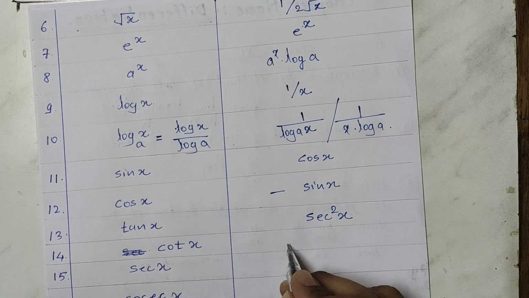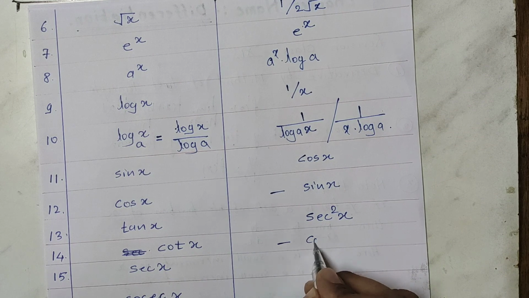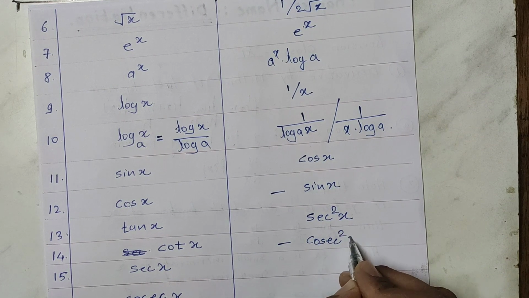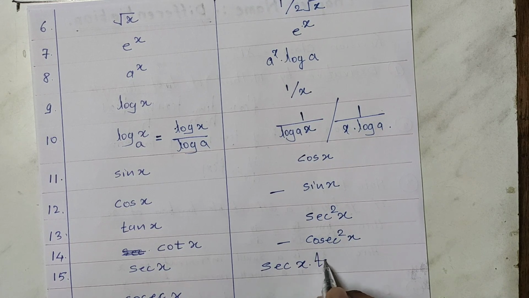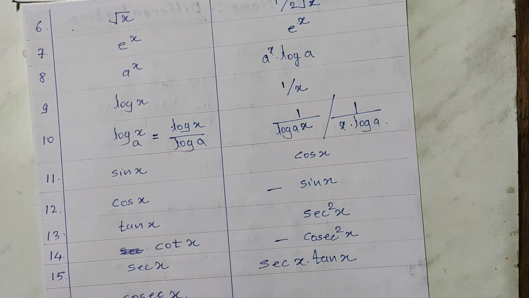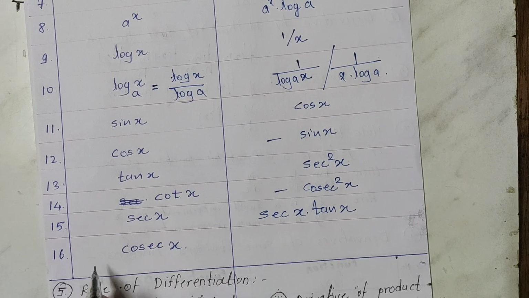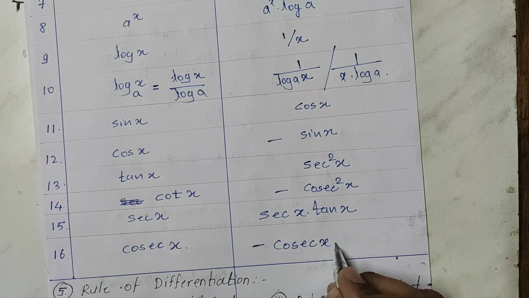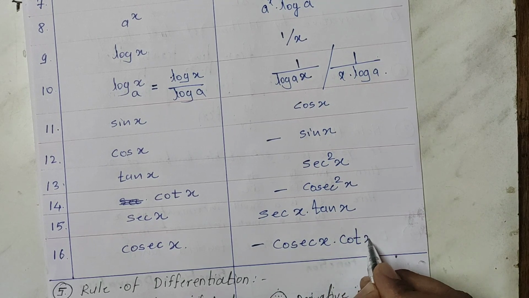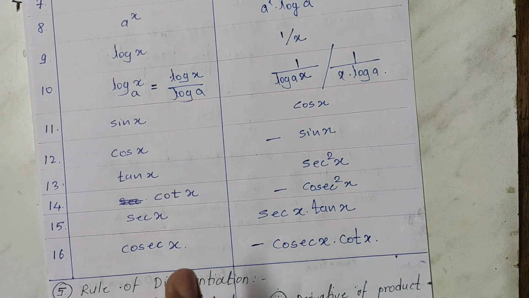Then cot x derivative is minus cosec square x. Then sec x derivative is sec x into tan x. Then cosec x derivative is minus cosec x into cot x. Before solving problems, you have to learn all these formulae very well.